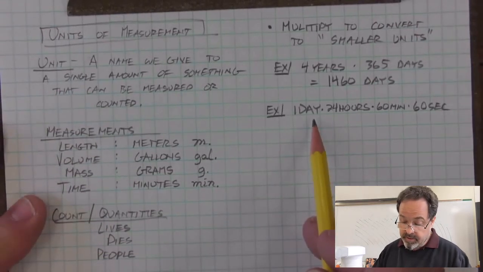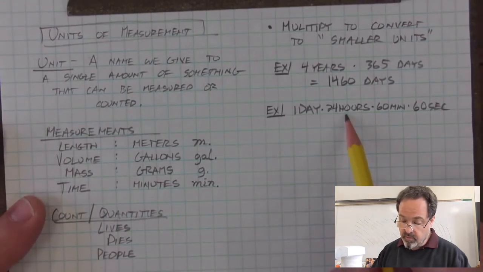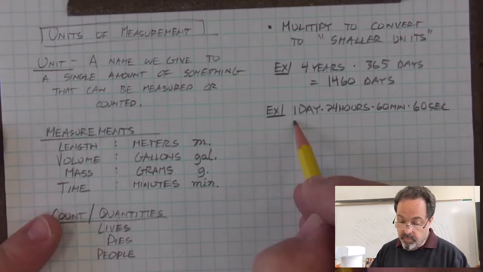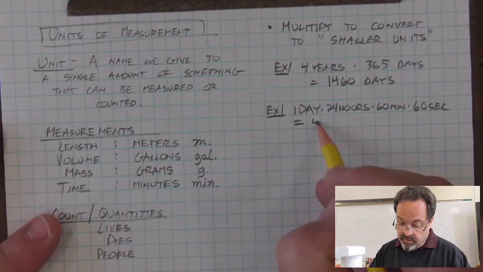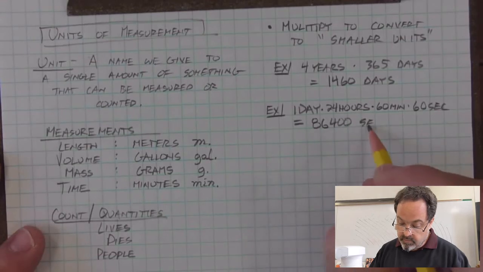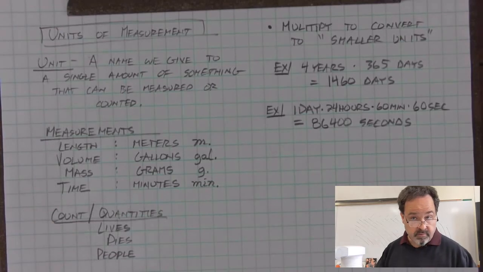But if we do this multiplication, 1 day times 24 hours times 60 minutes times 60 seconds, we will get the total number of seconds. We'll need a calculator for that, and a calculator has said 86,400 seconds. 1 day is equivalent to 86,400 seconds.